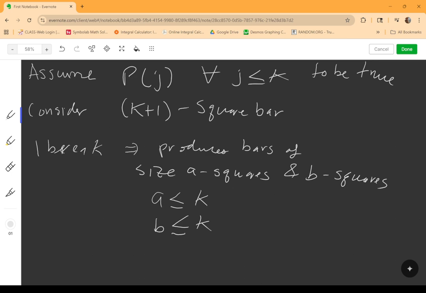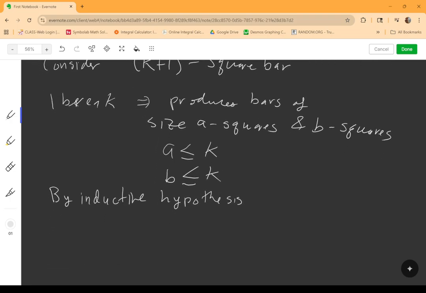So by the inductive hypothesis, the A bar takes A minus 1 breaks, and the B bar takes B minus 1 breaks.